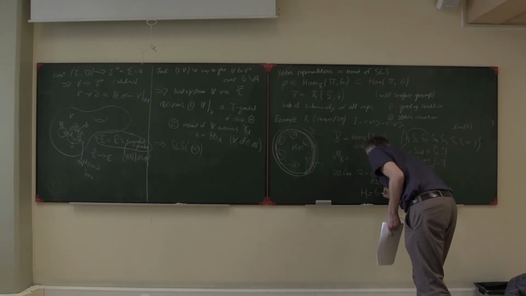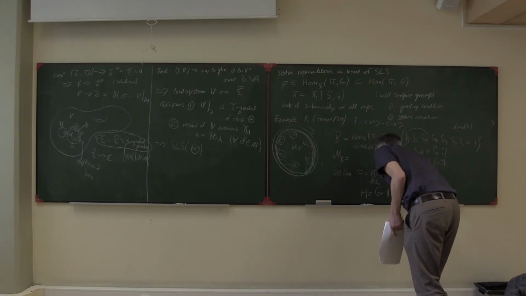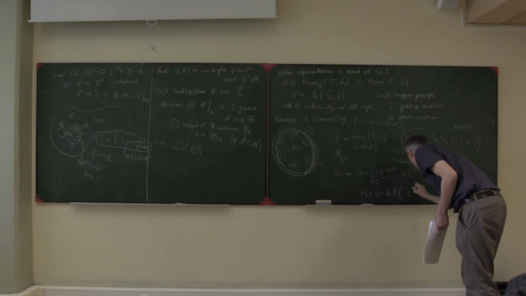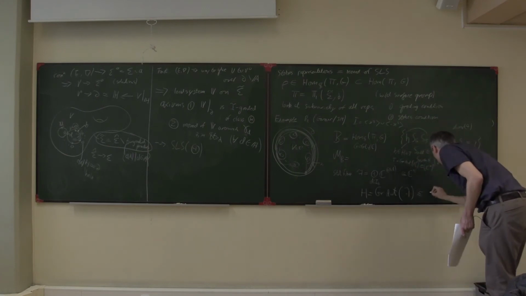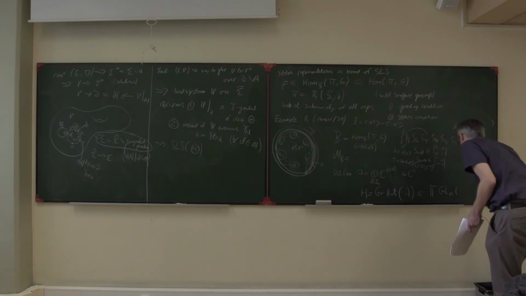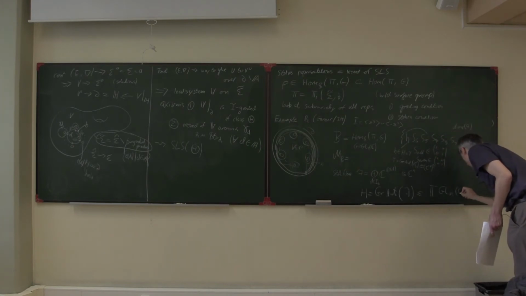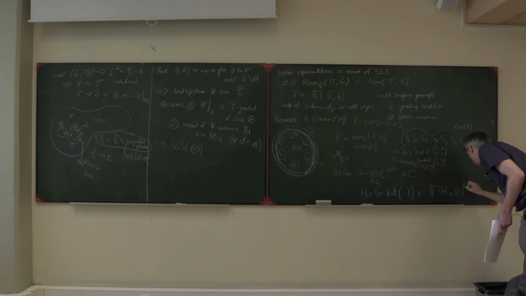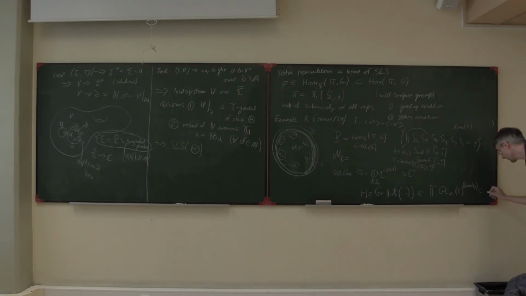So H is just the graded automorphisms of this. So as a group, it's isomorphic to the product of GL_{n_i}(C) completed with the ramification of Q_i. So it's some block diagonal subgroup, and it embeds as a block diagonal group of GL_n(C).